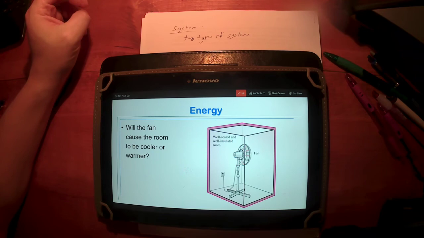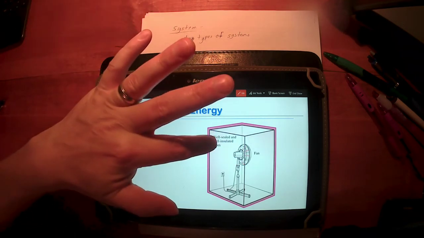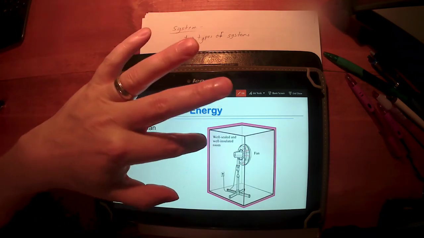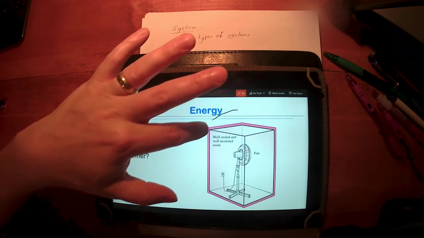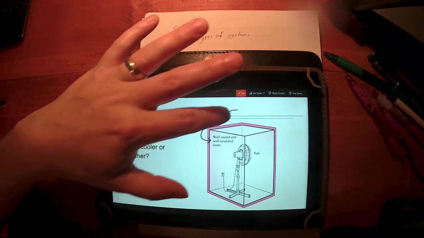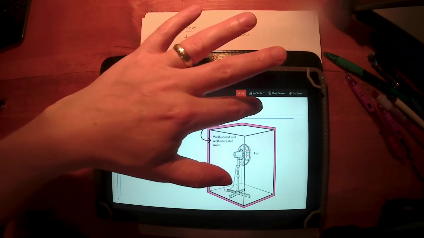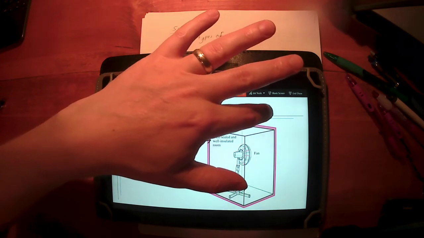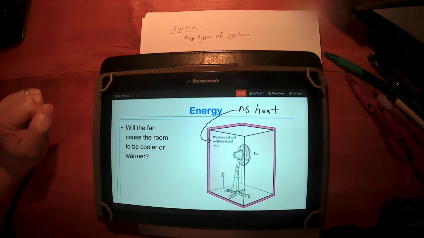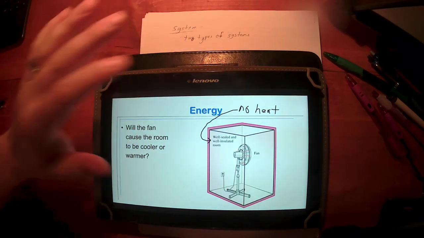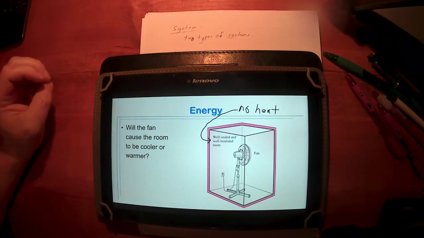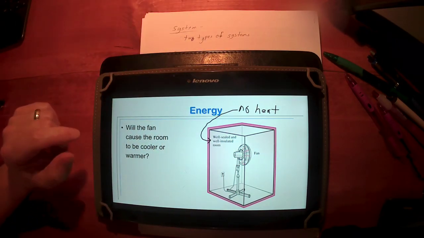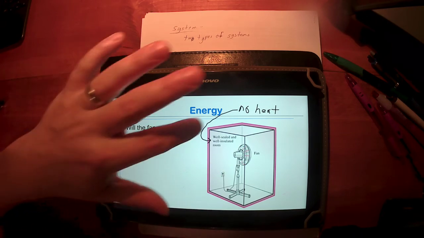There's no mass crossing the boundary. And if they say it's well-insulated, they're saying there's no heat. Right, so well-insulated tells us there's no heat transfer.